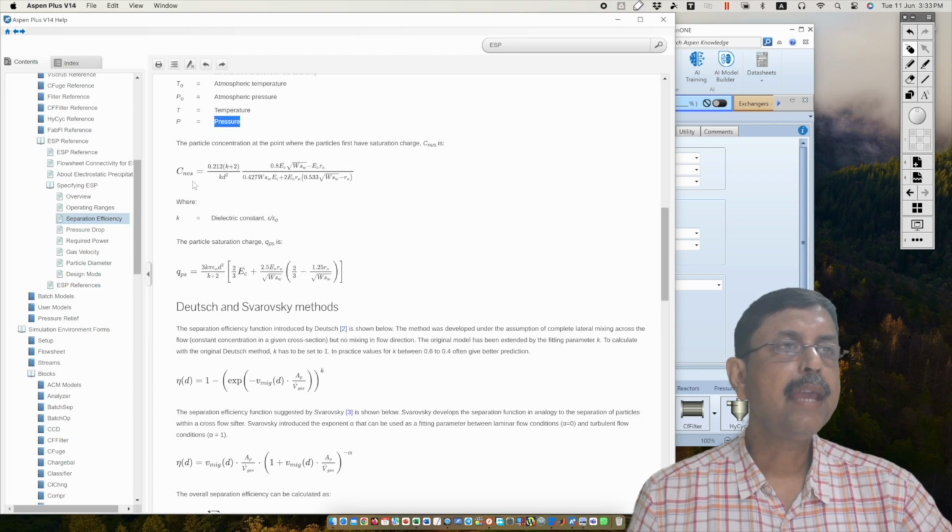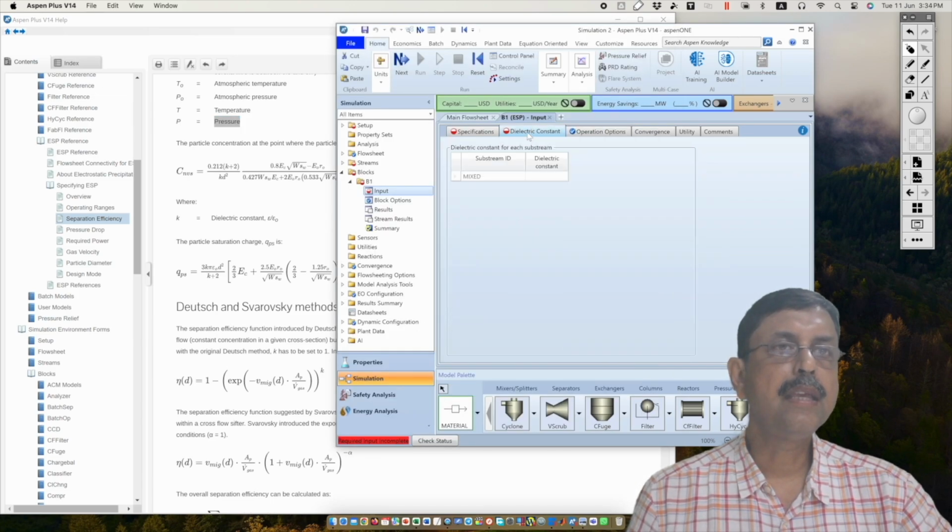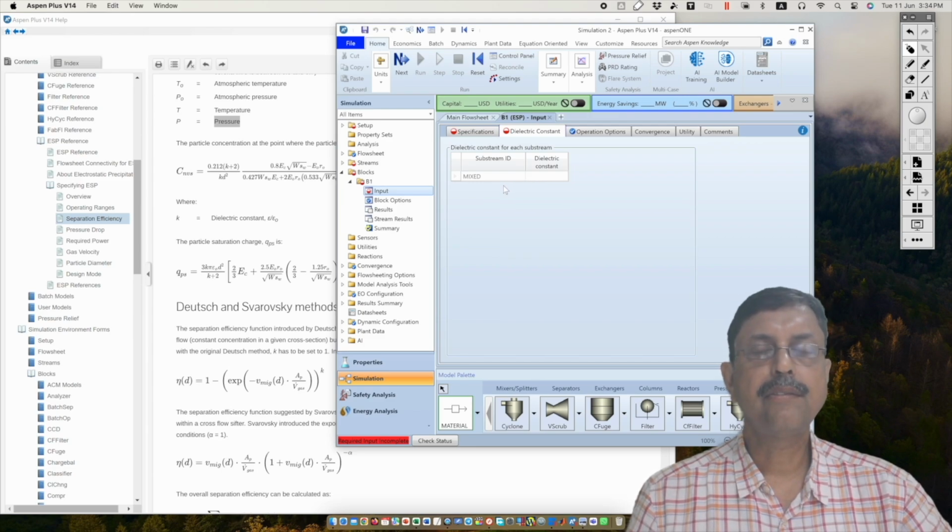And then CNVS, that is the particle concentration at the point where particles first have saturation charge. There you need the dielectric constant. The dielectric constant you have to specify over here for the mixed stream, or if you have a solid stream, obviously you have to have a solid stream.